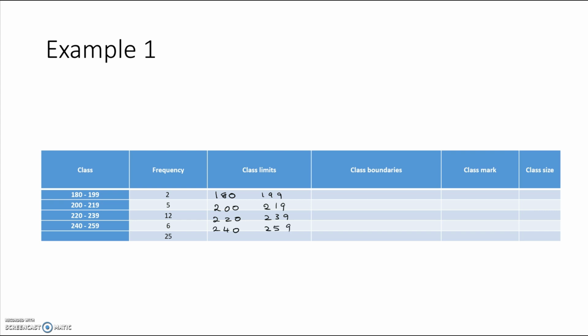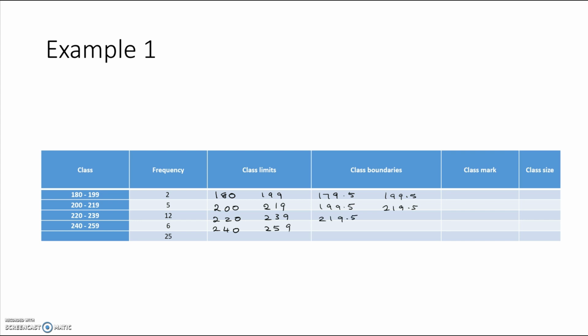Now the boundaries are the numbers which force our data into there. So they'll be a little bit less than 180, which will be 179.5, and a little bit more than 199. Now the next one would be 199.5 and 219.5, because if it's less than that, it'll force it into this group.